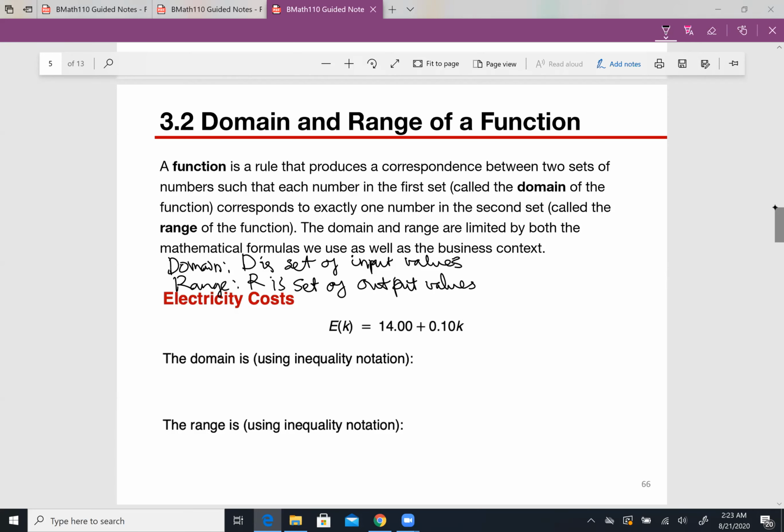Okay, so let's do an example. This is electric cost with a function as E of K equals 14 plus 0.1K. Here, you should know that E of K is the output and K is the input.